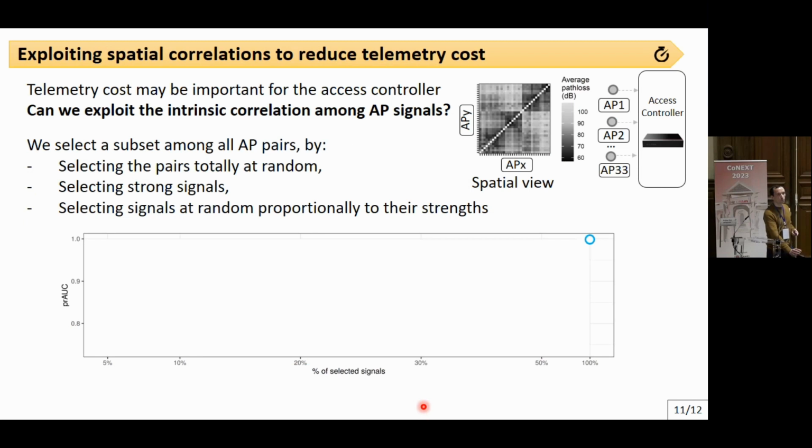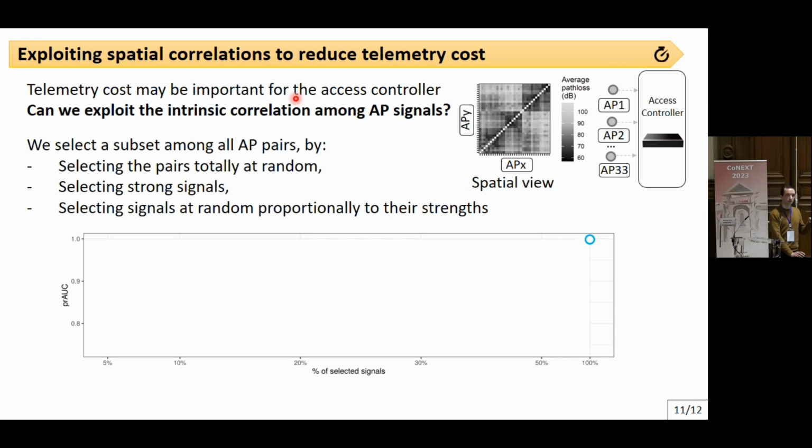Now, I also would like to comment on how we can exploit the spatial correlation to reduce the telemetry cost. Here, the telemetry cost may be important for the access controller. If we remember, what we collect are pairs of access points.